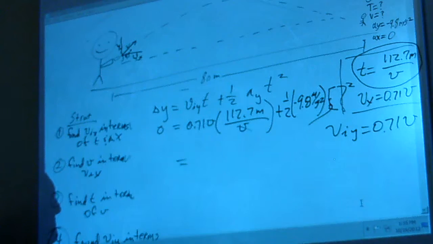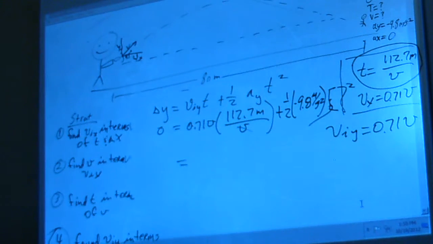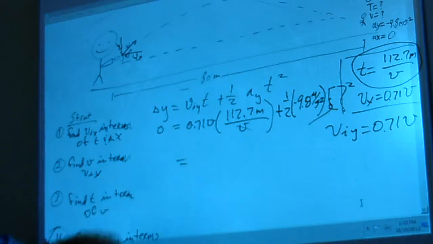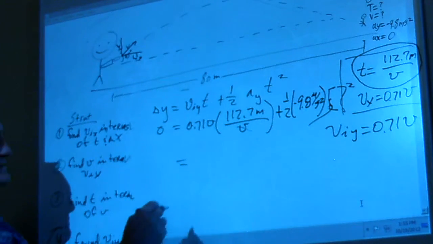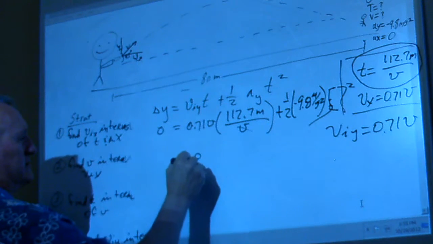Okay. So now my V's cancel. Wait, 112.7 meters over V, squared. Right. What's 0.71 times 112.7? 80.017.